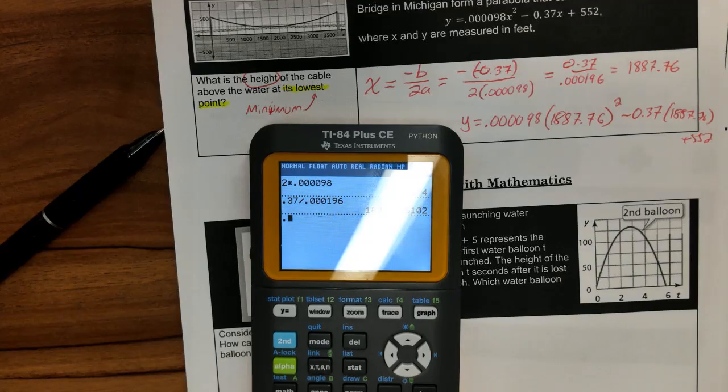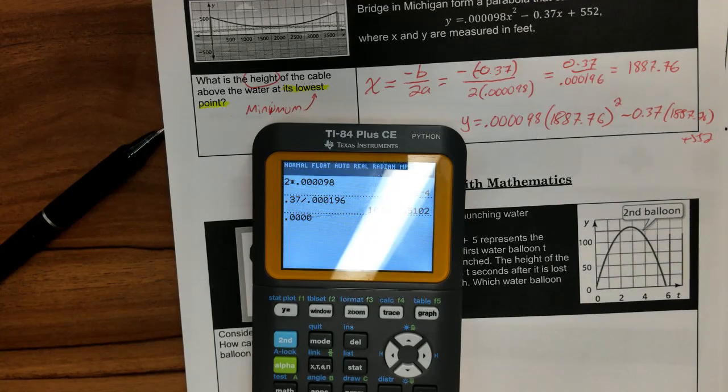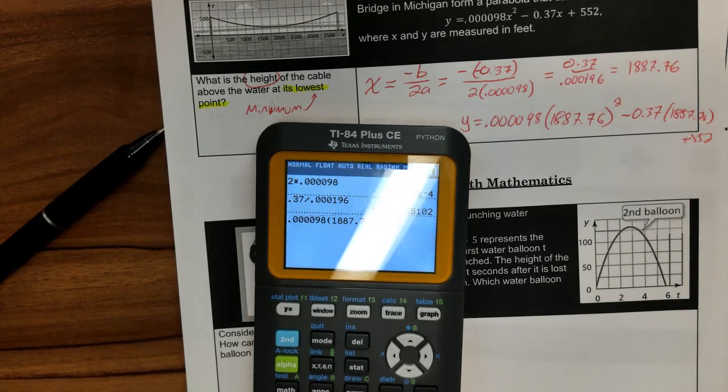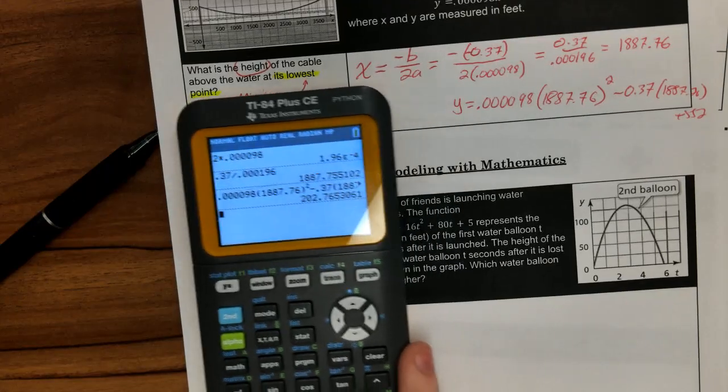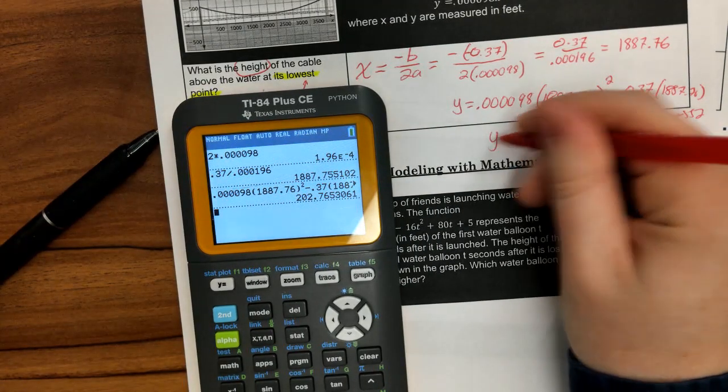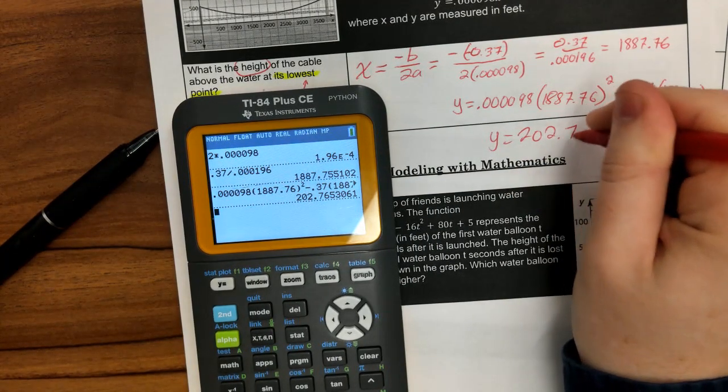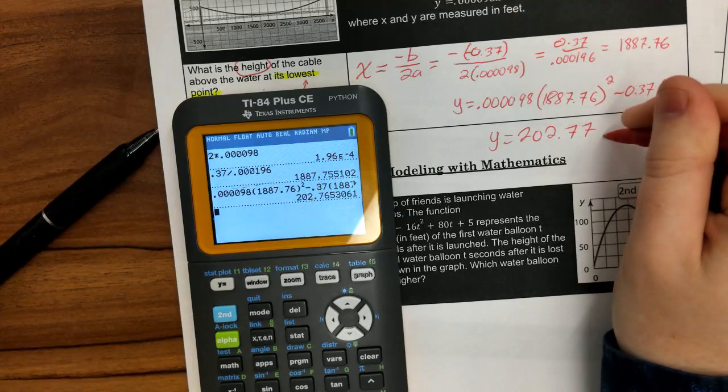It's going to be a long one to plug in, so we can plug it in here. 1887.76 squared minus 0.37 times 1887.76 here, plus 552 tells us the height of the bridge is about 202.77 feet.